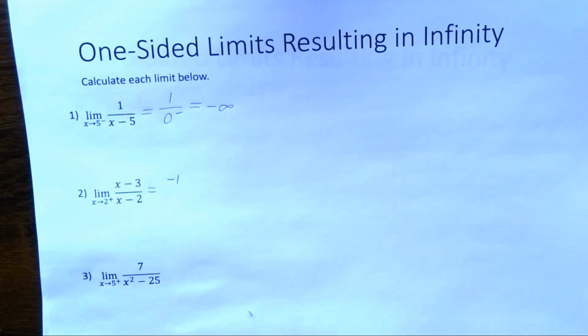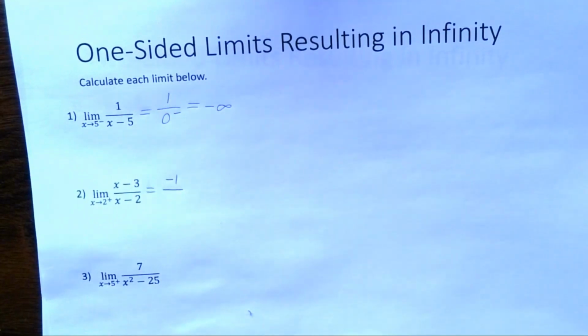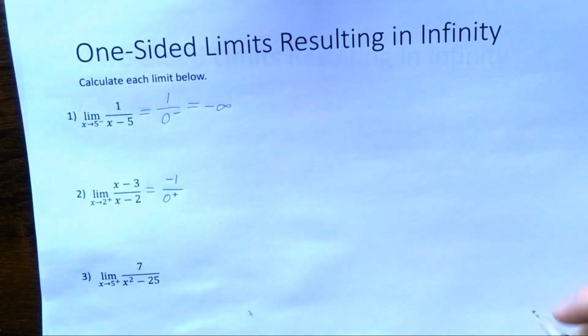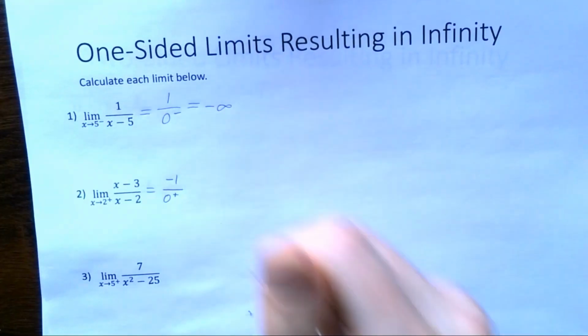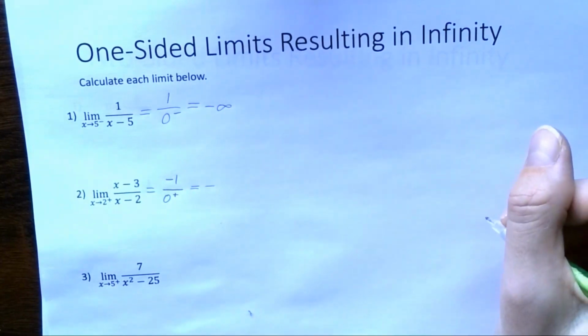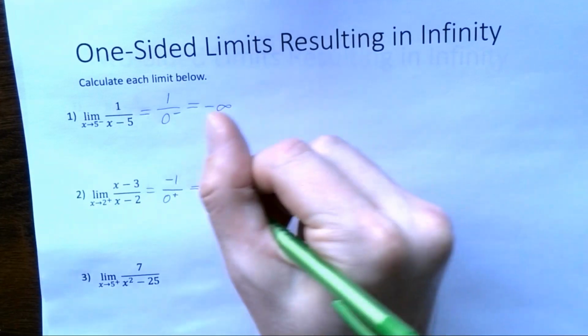So it's almost 0, but because it's slightly greater than 2 minus 2, it's slightly positive. Now here we've got a negative divided by a positive, which is negative, and 1 divided by 0, if it's a one-sided limit, will go to infinity.